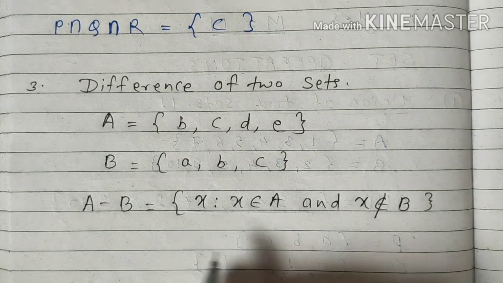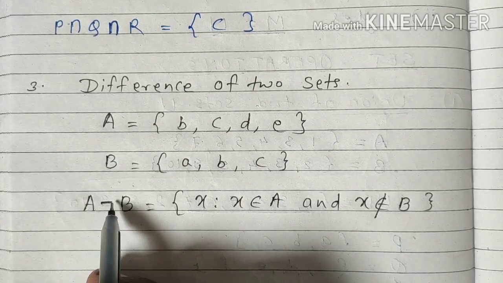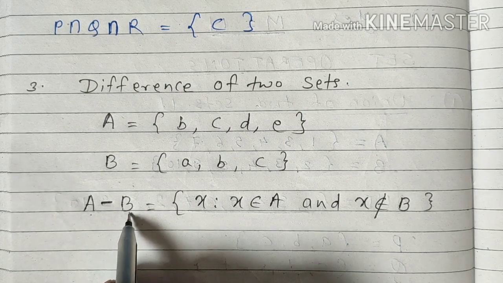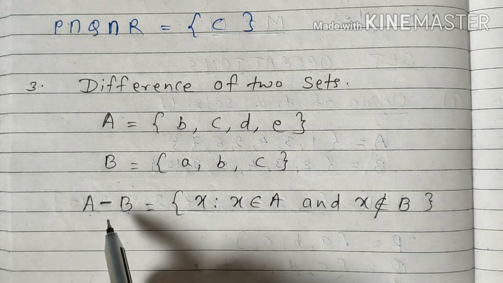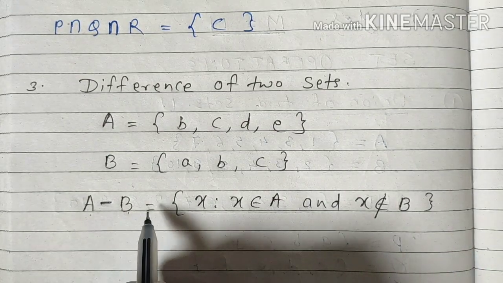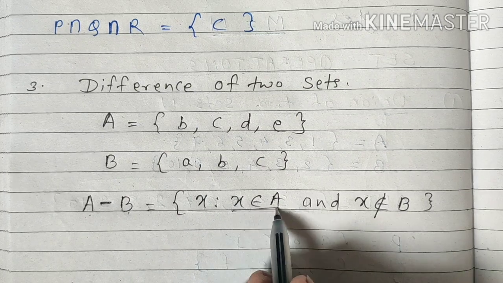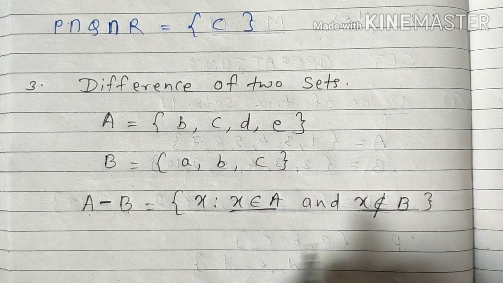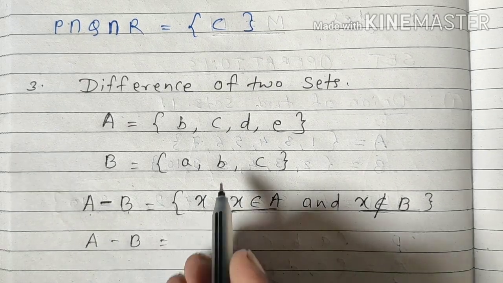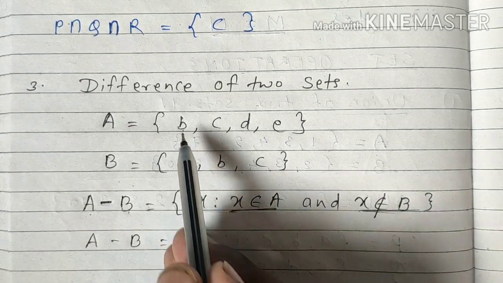Got it? And this is the symbol of difference. This minus sign, we can read it as A difference B set. This minus sign means difference. So A difference B set means the elements which are present in A but not present in B. So check, is A there? Yes, A is there.